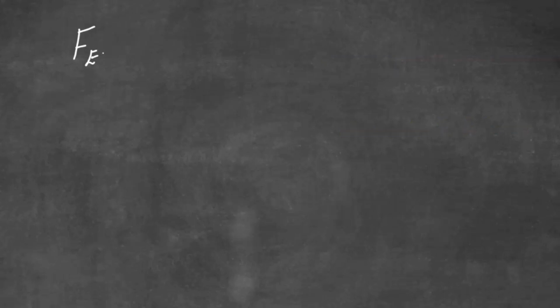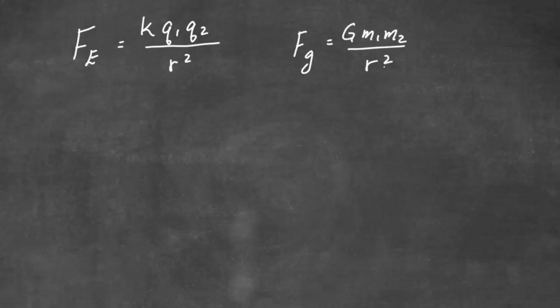Now I'd like to take a look at the similarities and differences between Coulomb's law and Newton's law of universal gravitation. You'll notice that they look very similar. Both have a constant. Coulomb's law has K, Coulomb's constant, and Newton's law of universal gravitation has G, the gravitational constant. Coulomb's law is dealing with charges, so you have Q1 and Q2, while Newton's law of universal gravitation is dealing with masses, the gravitational force between two masses.